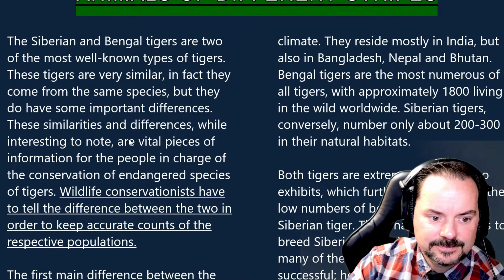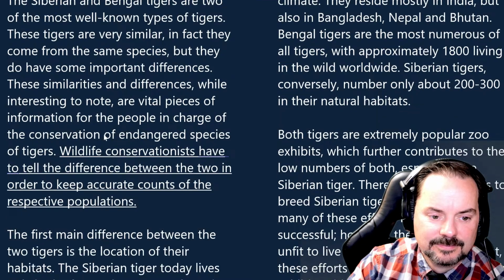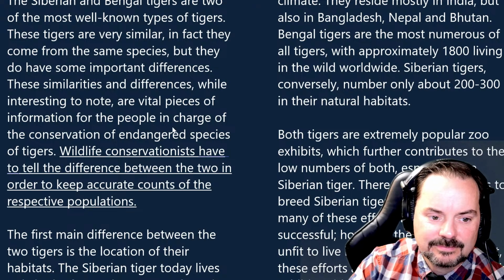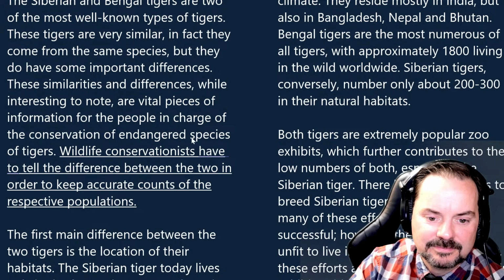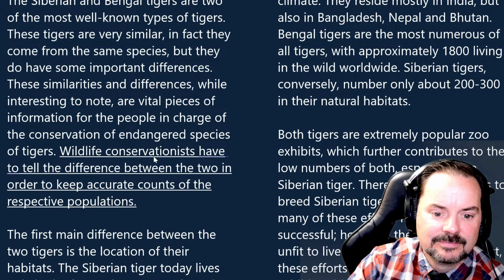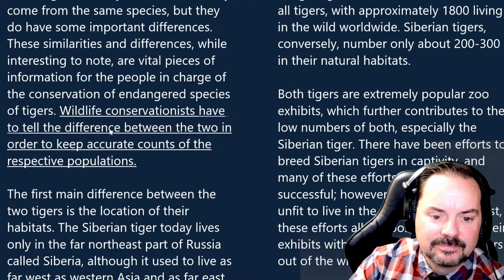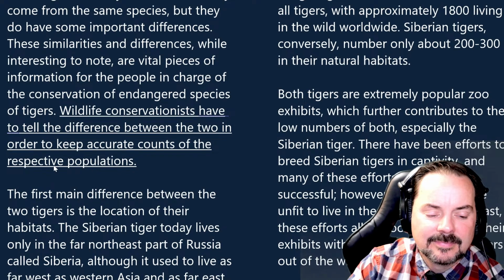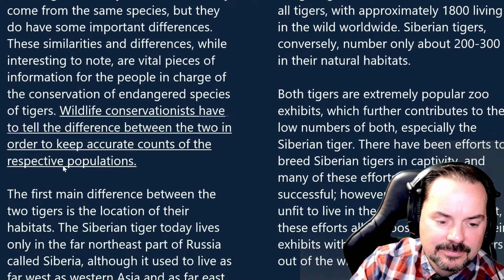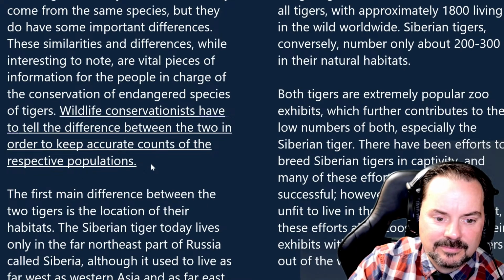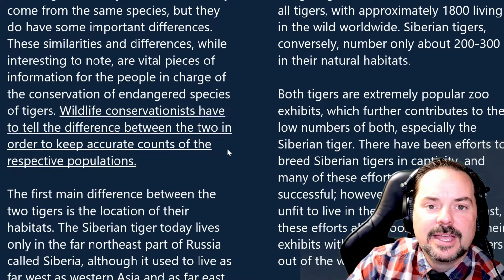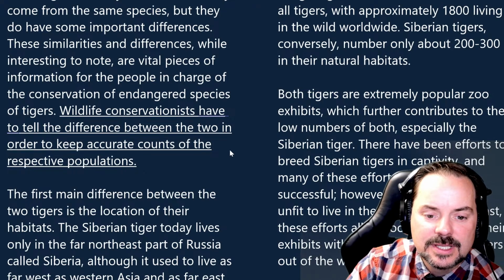These similarities and differences, while interesting to note, are vital pieces of information for the people in charge of the conservation of endangered species of tigers. Wildlife conservationists have to tell the difference between the two in order to keep accurate counts of the respective populations.